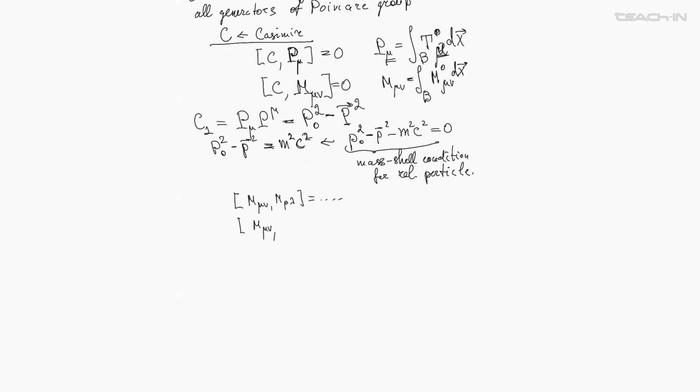If you take the square of p and use this commutation relation to compute its commutator with p^σ, you will find 0, and as well, when you do the computation with the generators M^μν, you will also find 0.